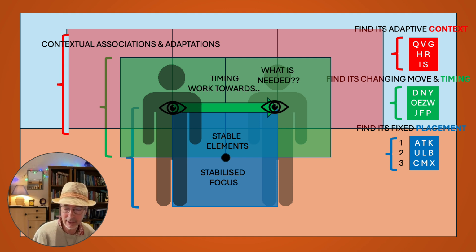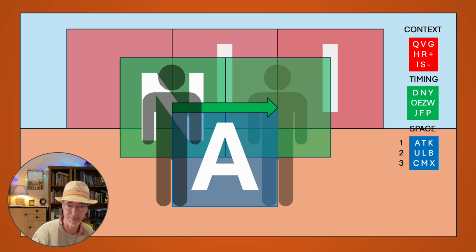And basically we try to have stable elements as quickly as possible with a stabilized focus, but of course reality is different, and sometimes you have to see how things change, how they evolve and so on. And that's the aspect of timing, and that's also one of the regions where certain letters direct you in that direction. And of course you also have some context making letters.